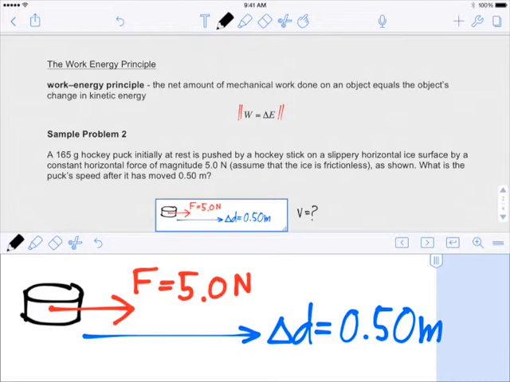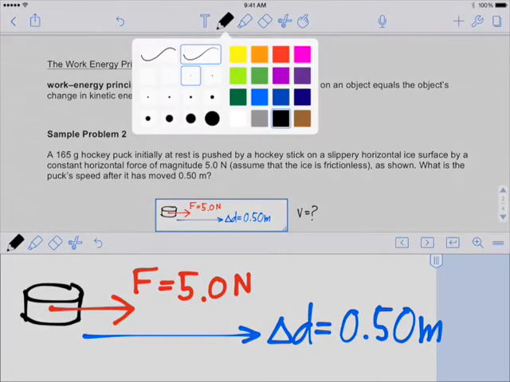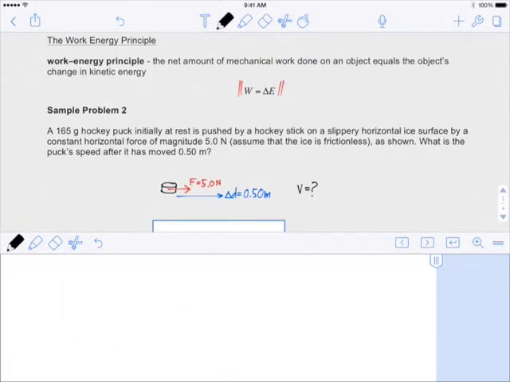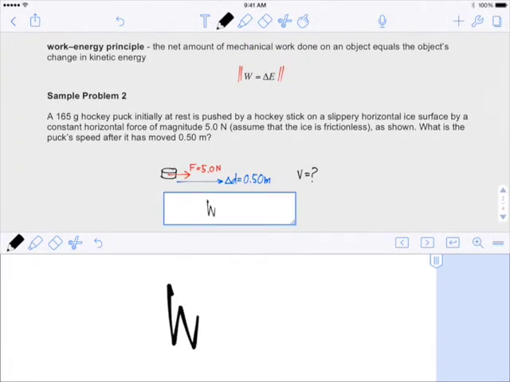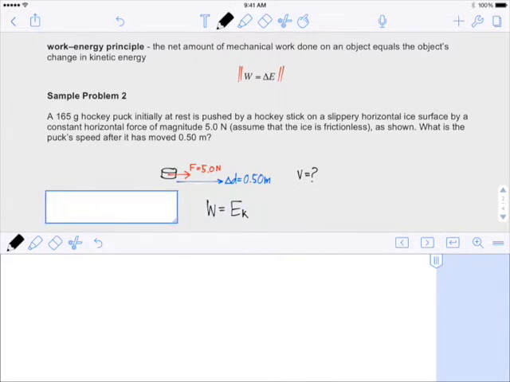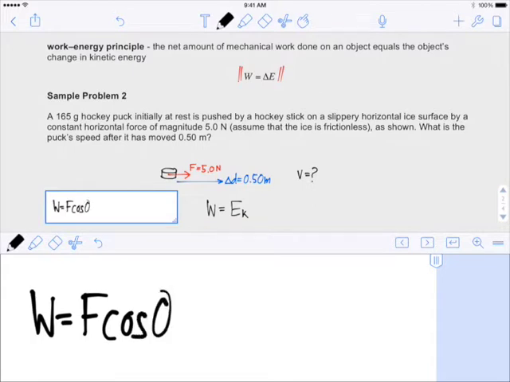So let's write this statement mathematically. The work done on the puck is equal to the kinetic energy possessed by the puck. Let's find the work done at first. Work is equal to F cos theta delta d.